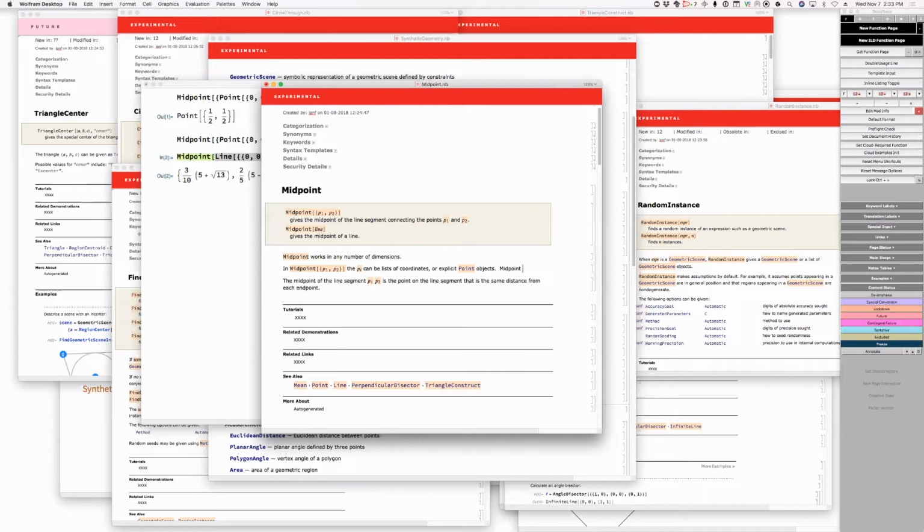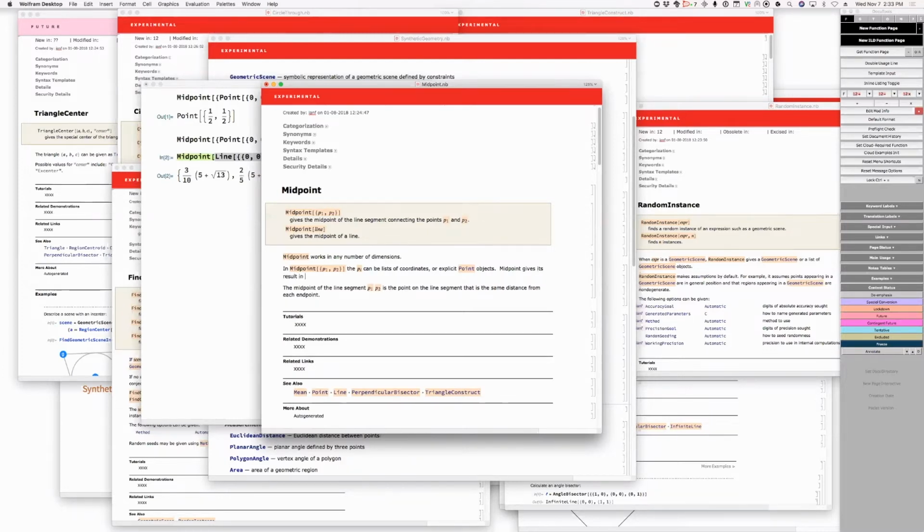The result from midpoint gives its result in the same form.